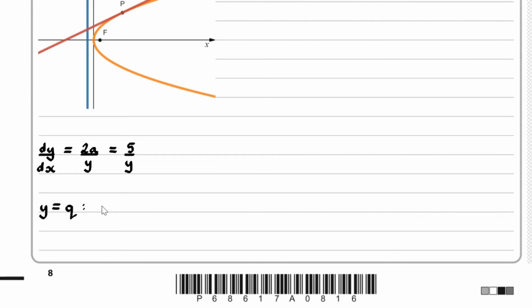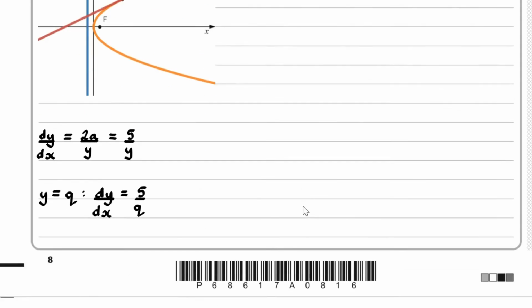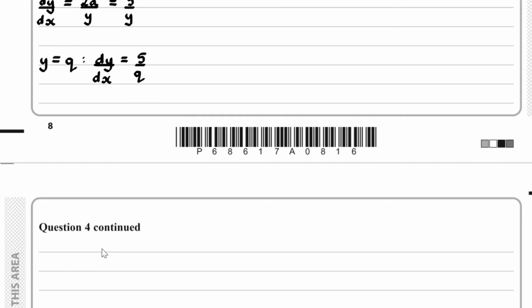So dy over dx will equal 5 over q, and if we use the equation y squared equals 10x, then when y equals q, we have q squared equal to 10x, from which we can conclude x is equal to q squared over 10.